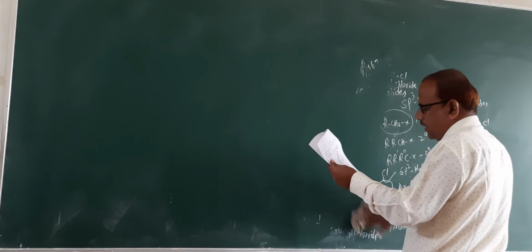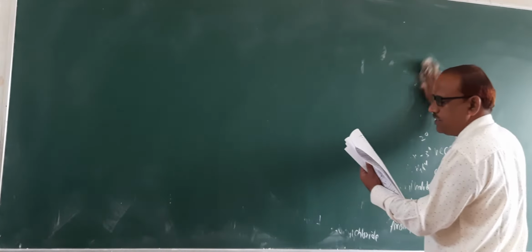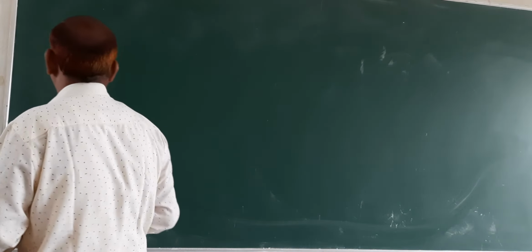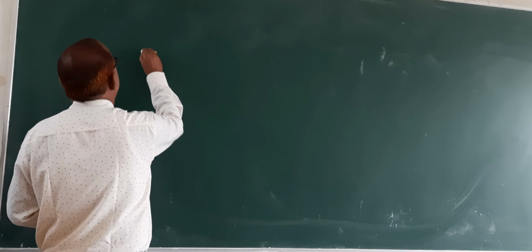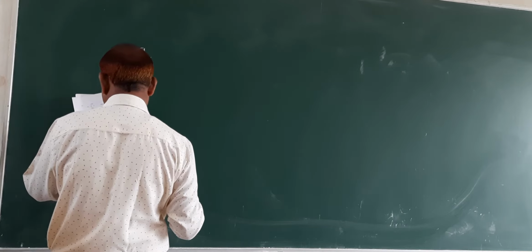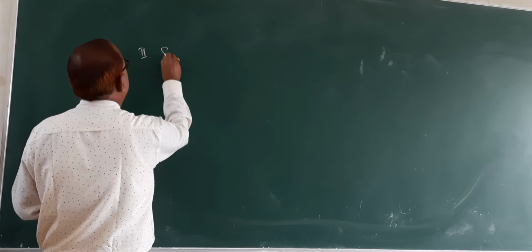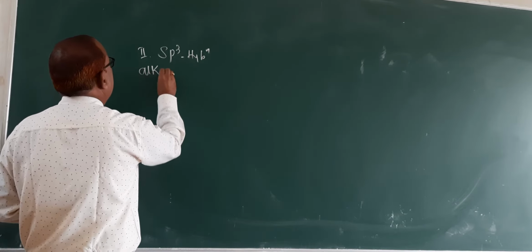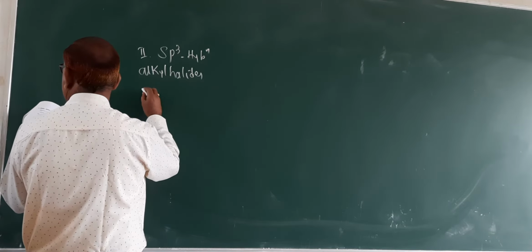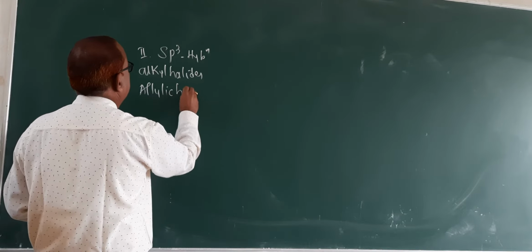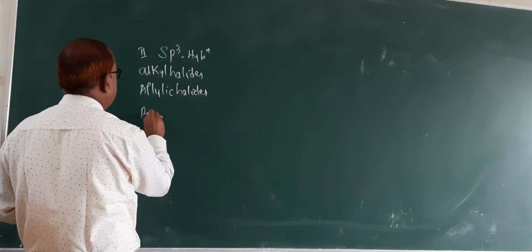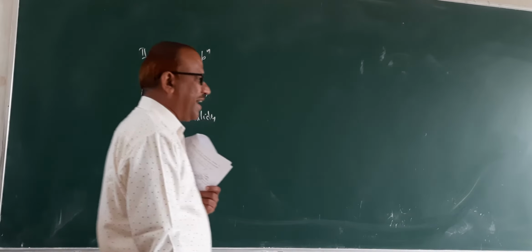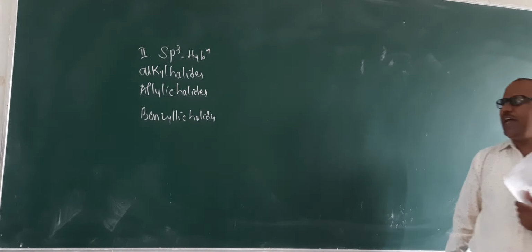They are classified into alkyl halides, allylic halides and benzylic halides, the three types of classes based on the type of hybridization in which the carbon atom undergoes sp3 hybridization.